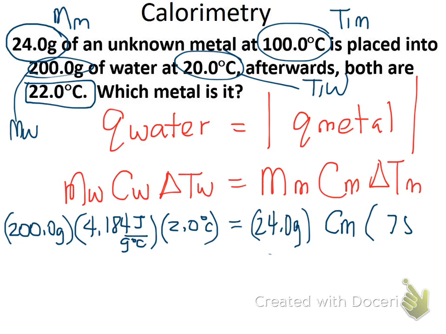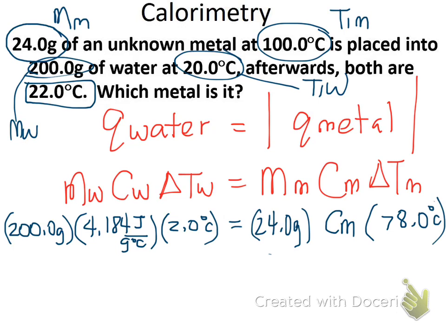But I'm just going to write 78 degrees Celsius because I'm going to apply an absolute value rule here. They're technically supposed to be negative, but I want them to match. So I'm going to go ahead and apply an absolute value here.